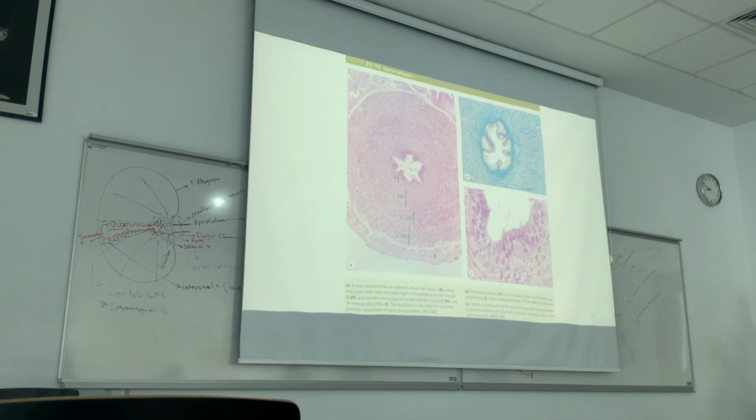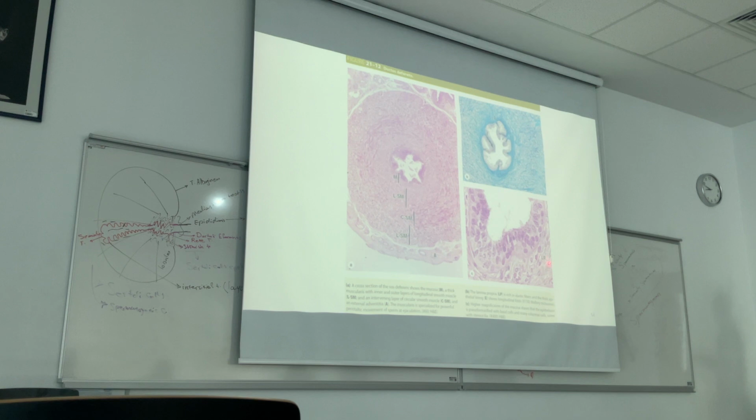But in the ductuli efferentes, we don't have connective tissue in the indentation areas, and we have the basement membrane which separates the epithelium from the connective tissue and is not folded into the inner side. But here we have the folding. This is the main difference between the shape of the ductuli efferentes and ductus deferens.